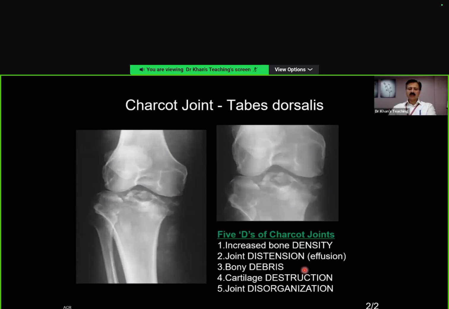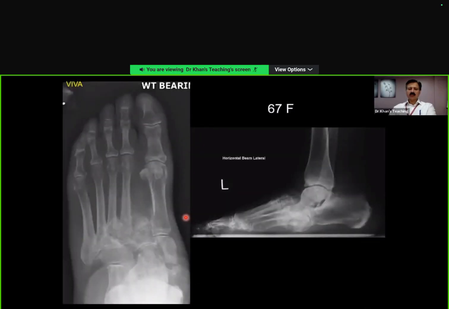These are the 5 Ds. And there is nothing else which can explain this finding. Remember the word bizarre. When you see a joint which has a bizarre appearance, think Charcot. And it cannot fit into anything. Please remember the bone density will be normal. So this is a case of tertiary syphilis, which has this.